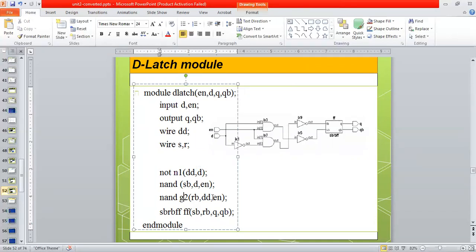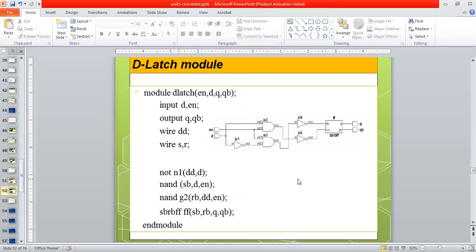After that, we are defining this SR flip-flop, and after that we are terminating the program. In that way, we can develop different types of implementations by using gate level modeling. That one is the D latch modeling.